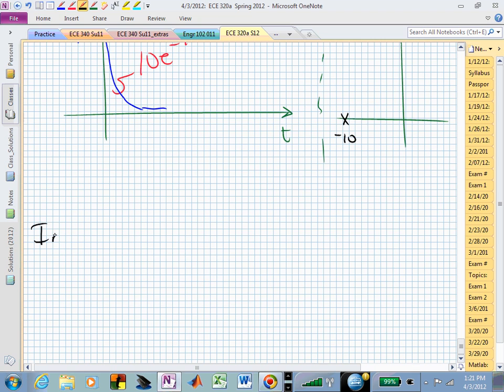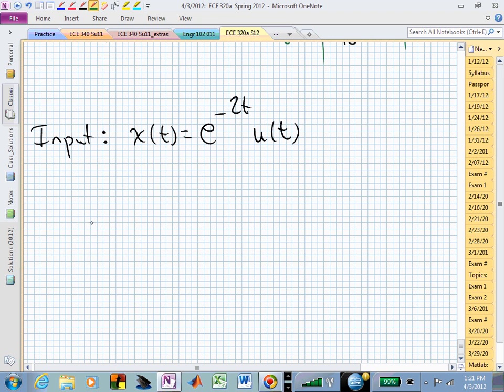Let's now apply a particular input waveform or signal to that. Suppose now that my input is, let's say, x of t equal to e to the minus 2t. As a time domain waveform, this should be something that you can visually see or appreciate.